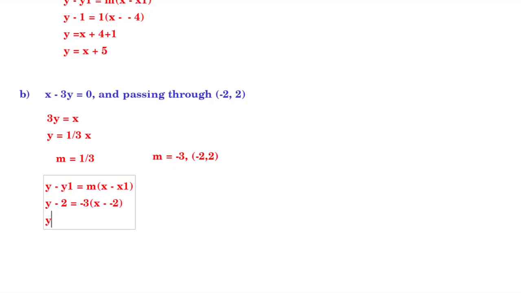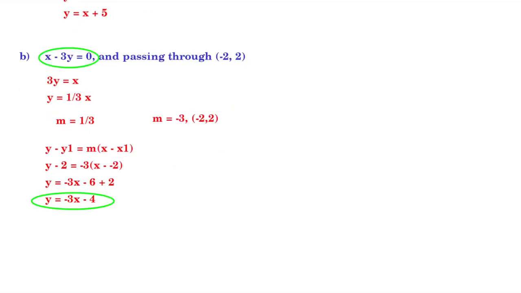We'll move the 2 to the other side, and then you have y equals negative 3x. And then negative 3 times negative 2 will give you negative 6. And remember that we have transposed that to the other side, so it's going to be plus 2. Simplifying that, y equals negative 3x minus 4.